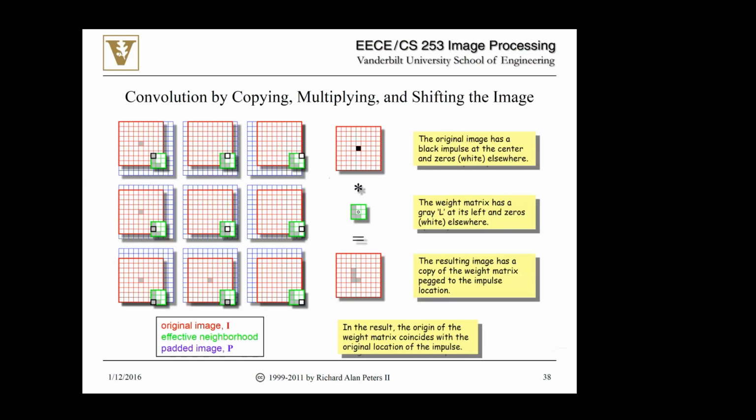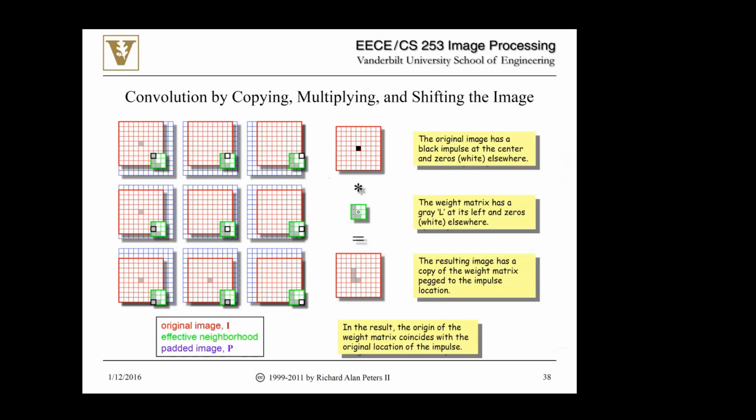So let's say that we want to see if the delta convolved with the kernel still gives the kernel. So this will tell you to shift your image left and up, and multiply by 1.